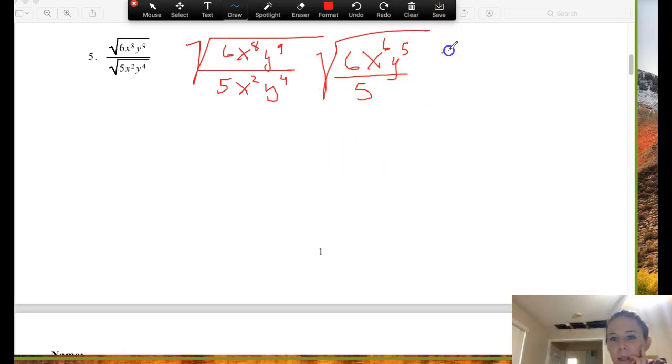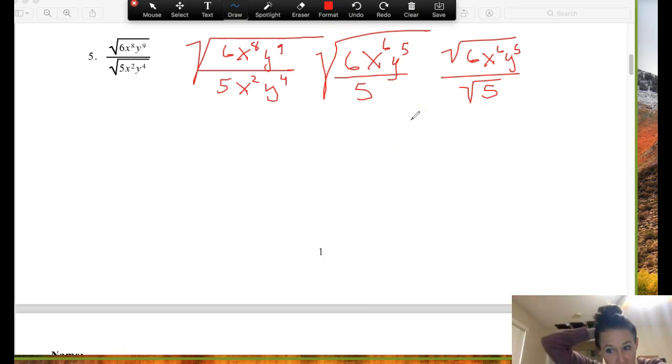Now we can rewrite this back like this, the root of 6x to the 6th, y to the 5th, divided by square root of 5. If you leave it like this, you're not most simplified if you have any kind of fraction in your root. So undo your fraction, and when you do that, you realize you still have a root on the bottom. You got to rationalize that. And how you do that is, if it's a square root, multiply it by itself, because you basically are squaring it. You have to do it to the top and bottom.